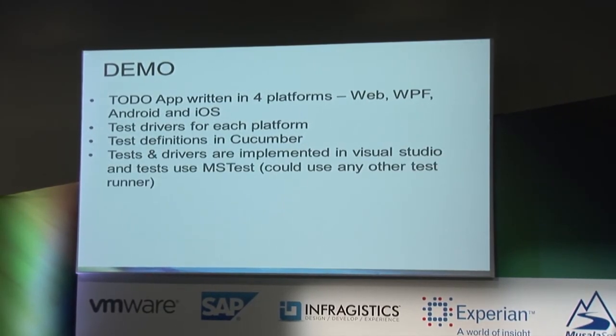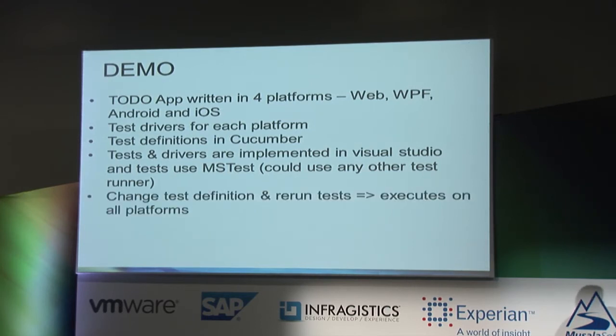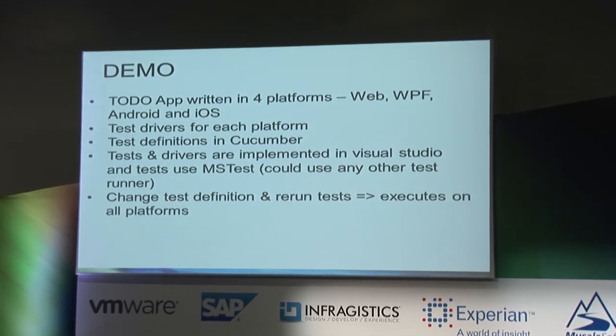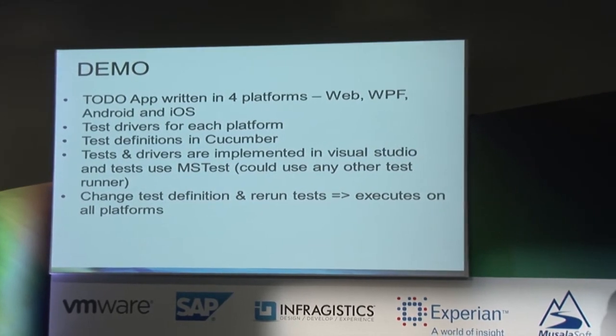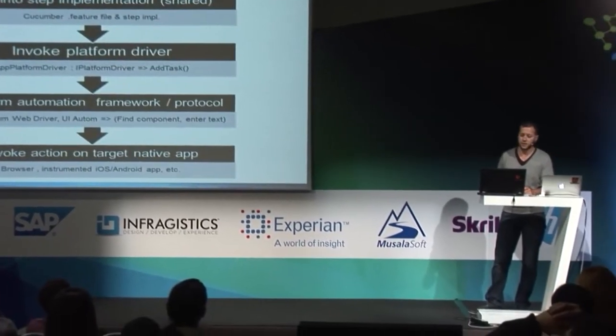All of this is implemented in Visual Studio and uses MS Test, but they could use NUnit, anything. After I show this, I'm going to change my scenario, and then rerun all the tests and execute again on all the platforms at the same time, okay?